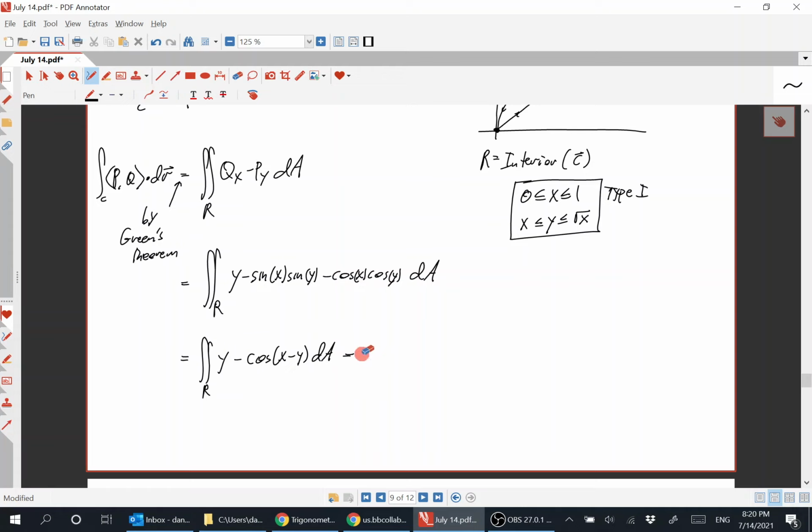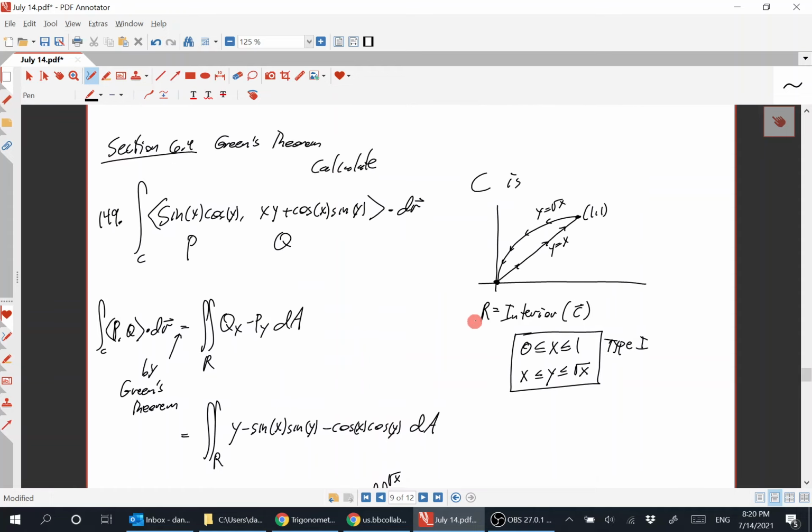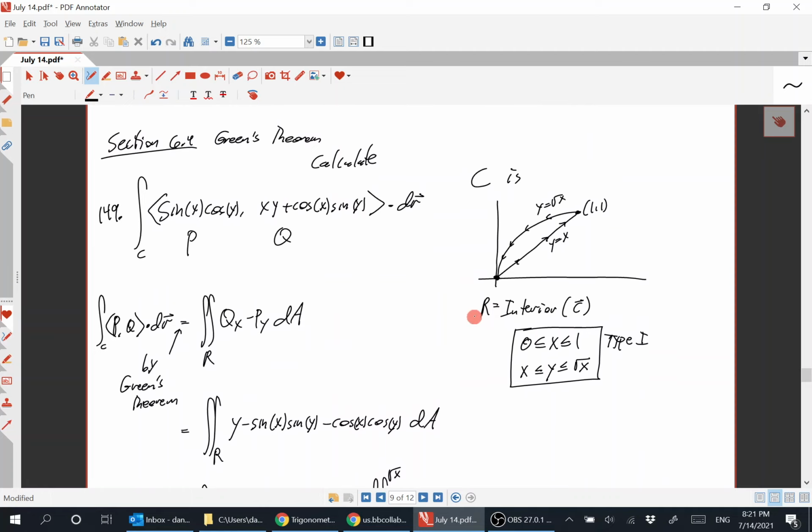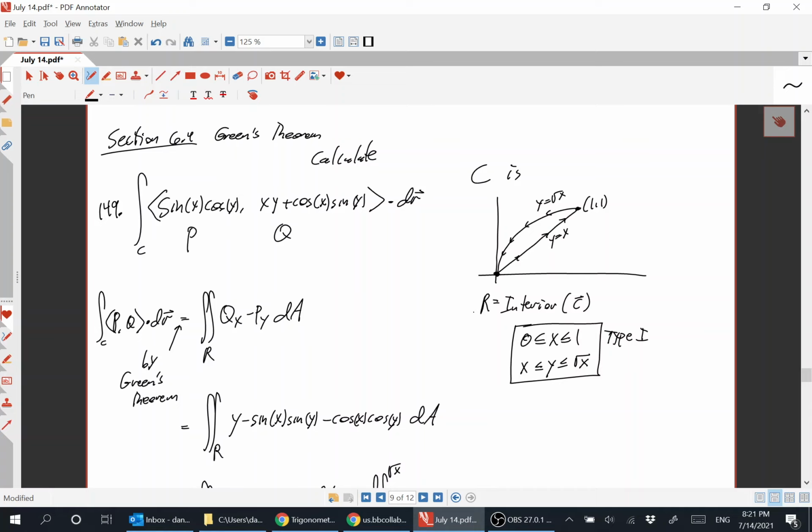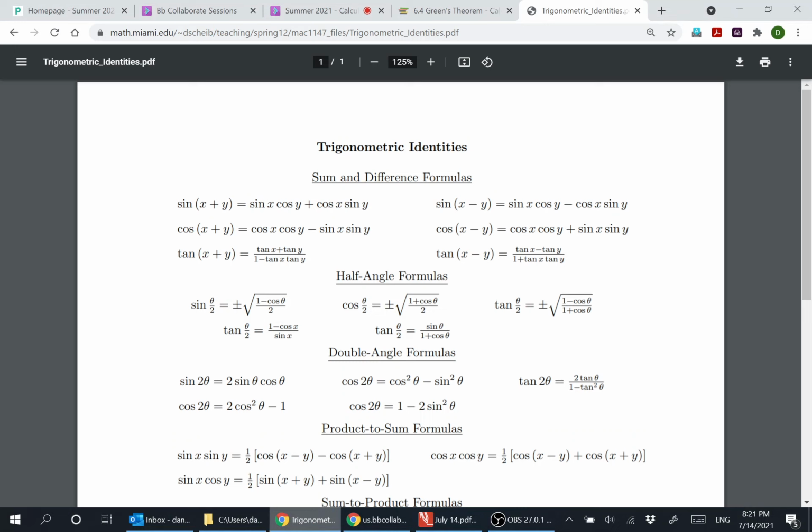So this is equal to the iterated integral, x to root x. Well, that's going to be nasty. Come on, hold on a second. Qx is y minus sine x sine y, Px is cosine x cosine y. What's going on here? They want you to do that.